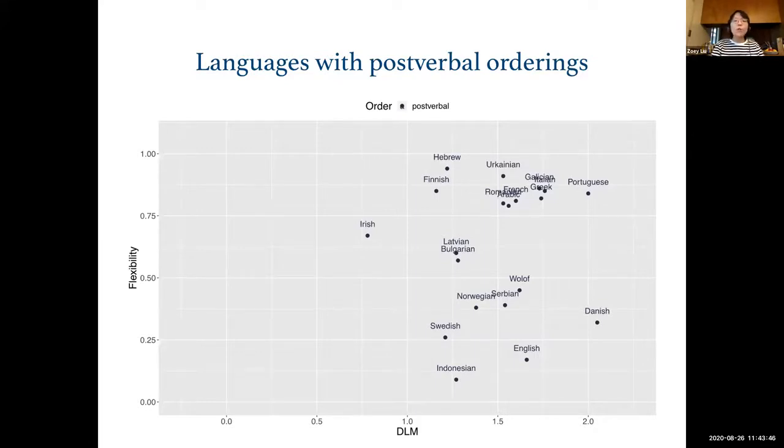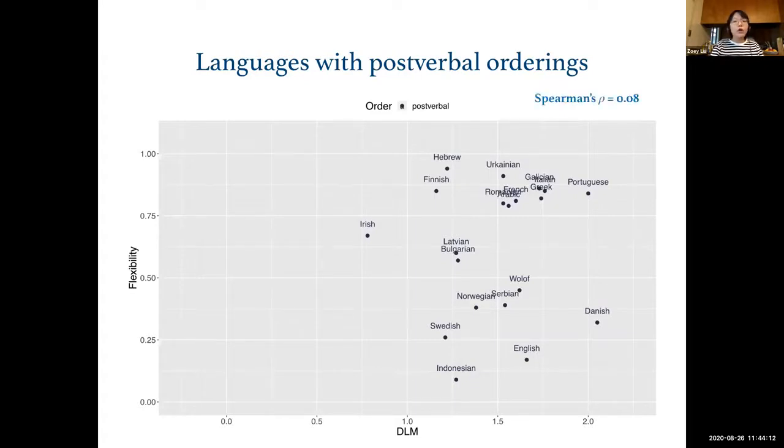The y-axis represents the degree of ordering flexibility. A higher value indicates that the order is more flexible. And the Spearman's rho here between the two variables is only 0.08, which indicates there's no specific correlation, be it positive or negative, between these two variables.